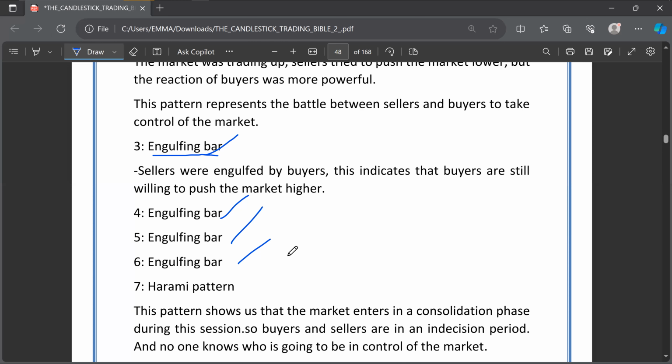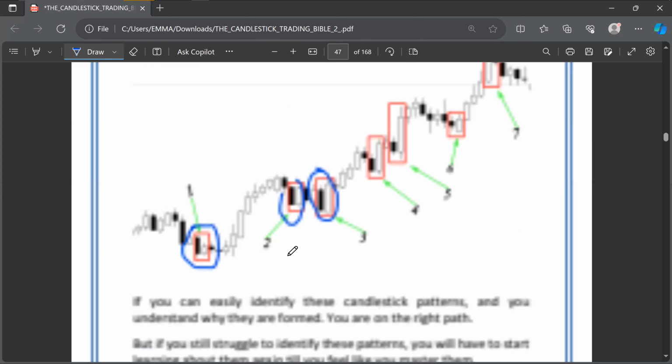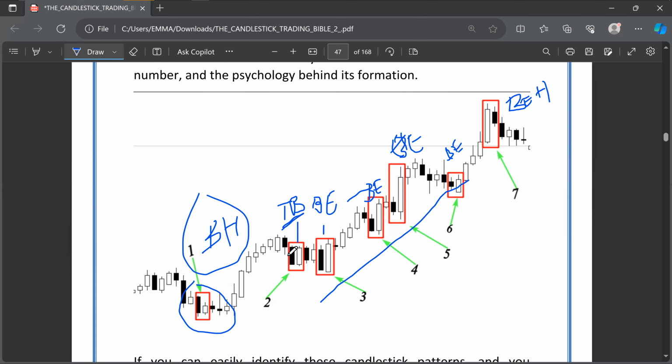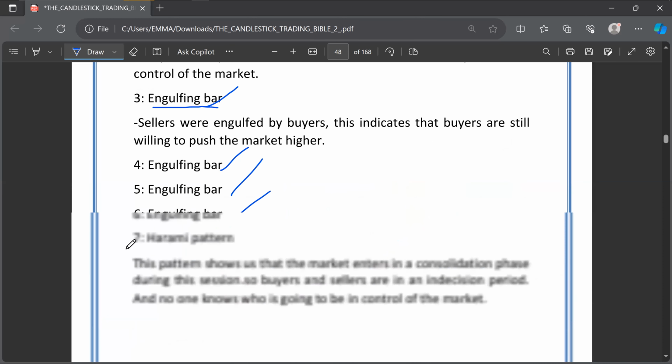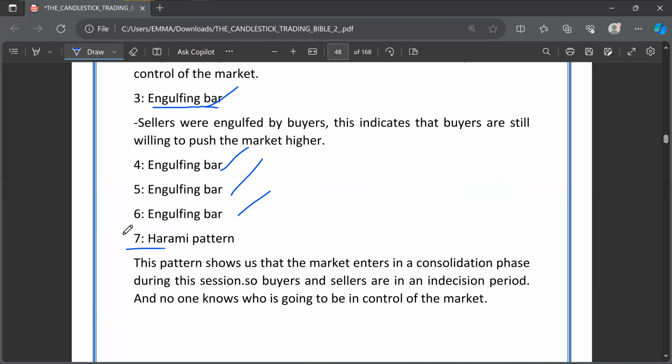Now, the 7th one is the bearish harami. I qualified it, bearish harami. Let's see what is stated. The 7th one says harami pattern, but I qualified it. It means that I actually understand this.